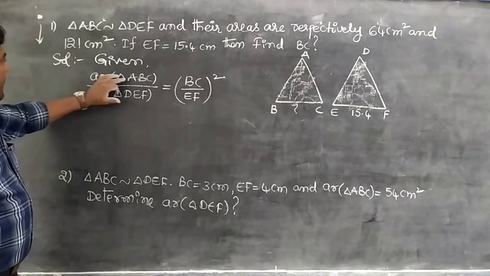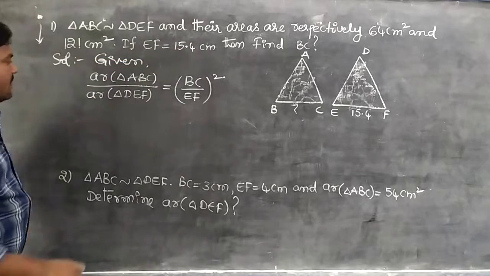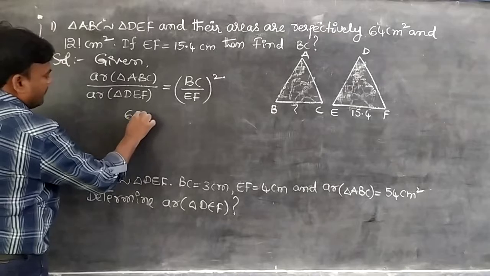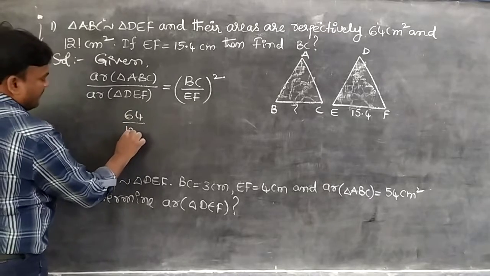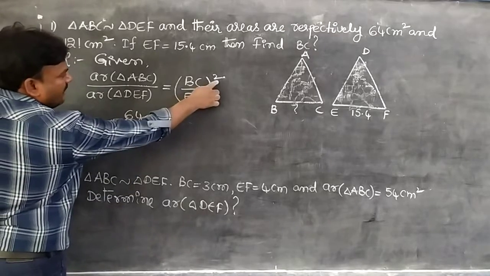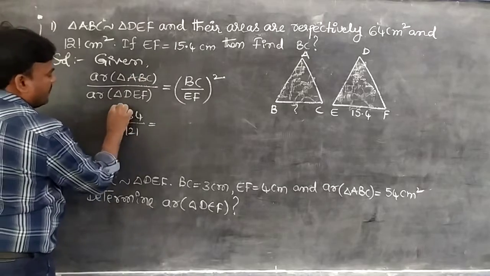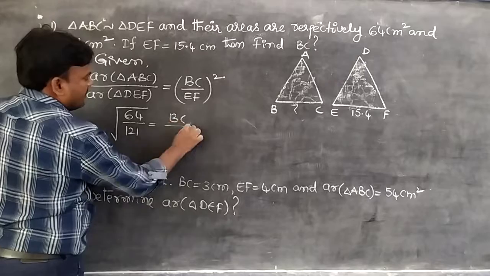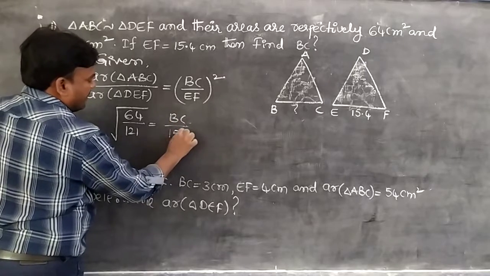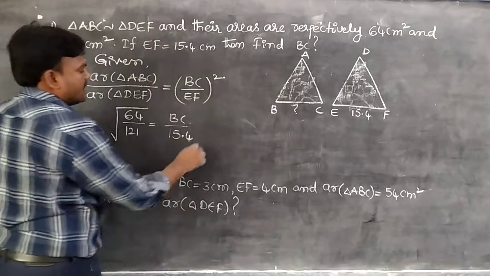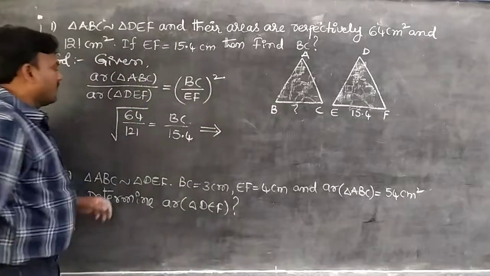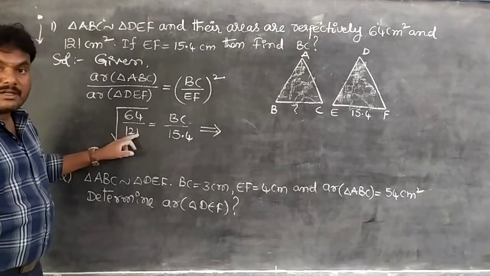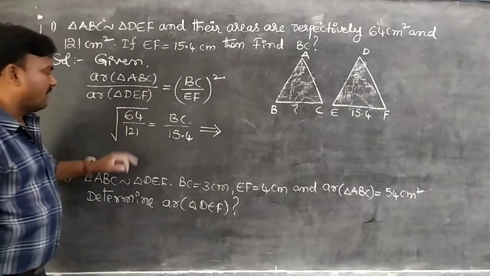What is the area of triangle ABC? 64. Then that implies 64 by 121. This square transferred to the left side becomes square root. BC value we don't know, BC by EF value 15.4. Which implies, what is the square root of 64 and 121? It becomes 8 by 11.